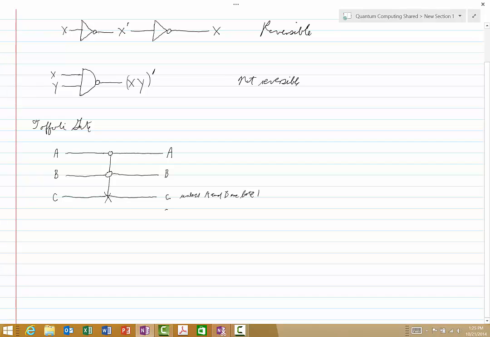And in that case, when A and B are both equal to 1, then the last bit will be inverted, and so we'll get C prime.